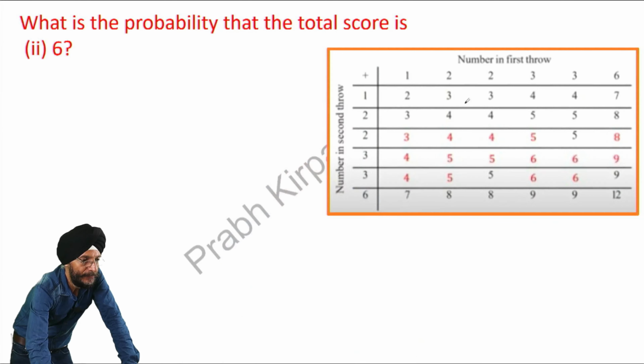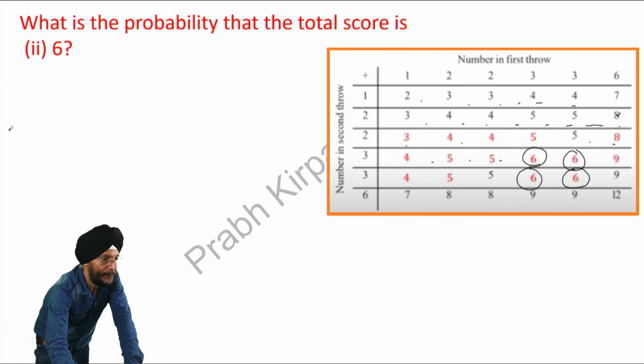We find out the same. 2, 3, 3, 3, 4, 4, 7, 3, 4, 4, 5, 5, 8. Here we have to find out only where the total score out of these 2 throws is 6. 3, 5, 5, 8, 4, 5, 5, 6. This is 6. This is 6. 9, 4, 5, 5, 6. Here it is 6.